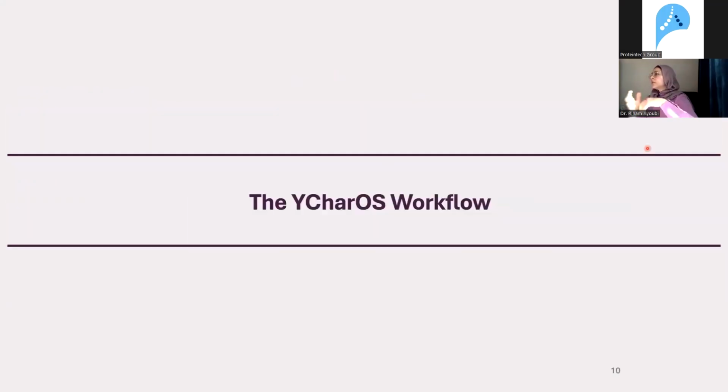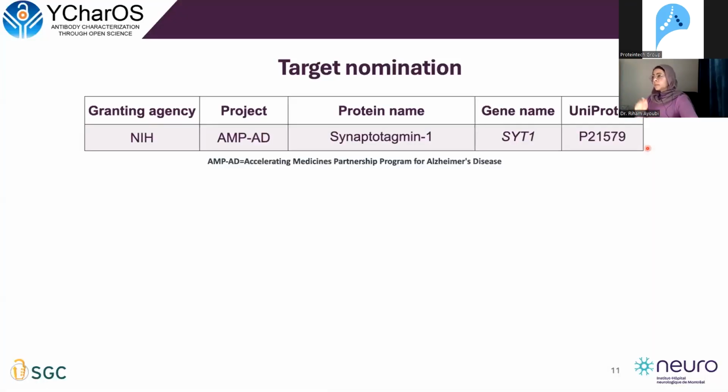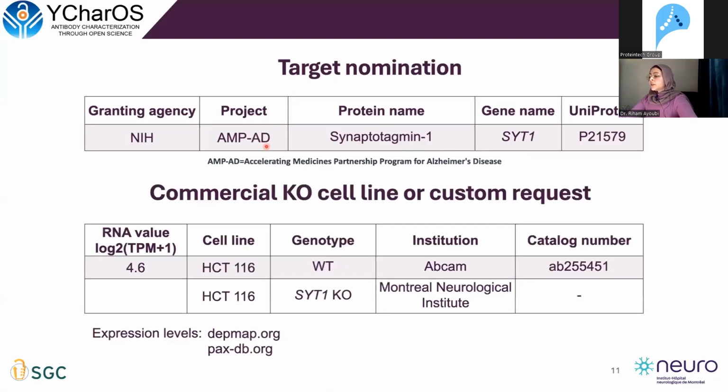I will now show an example of the YCharOS workflow. Synaptotagmin-1 was nominated by the NIH as part of the AMP-AD project, Accelerating Medicines Partnership Program for Alzheimer's Disease. When a commercial knockout line is available with acceptable expression levels, then we use a commercial knockout.